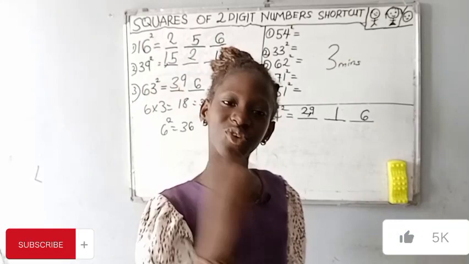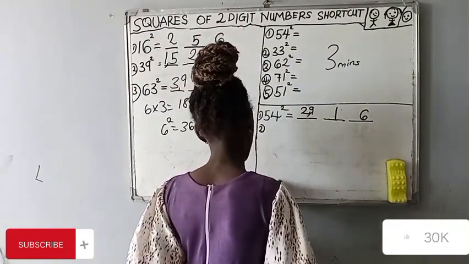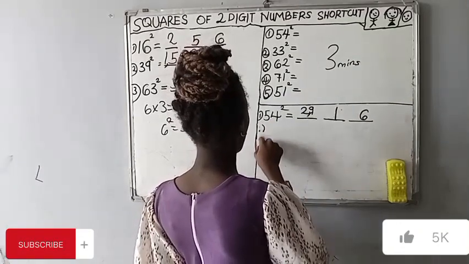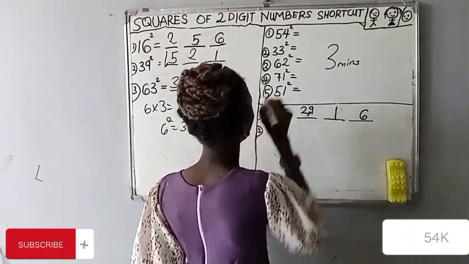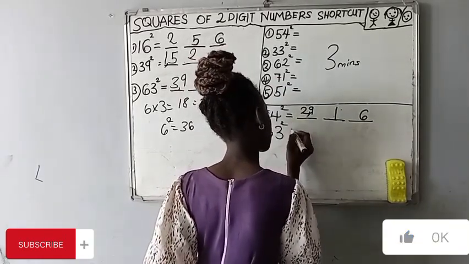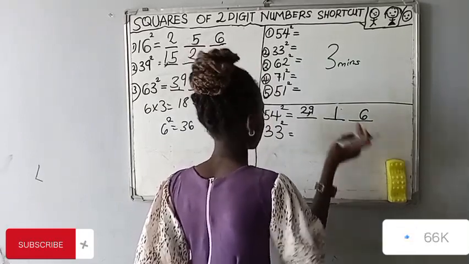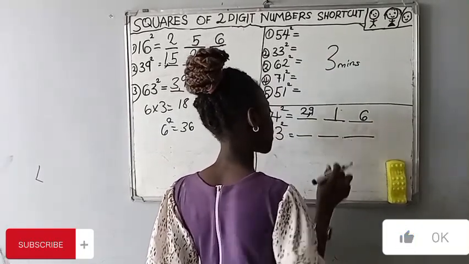Let's solve number 2. Number 2 question is what? Find 33 squared. Write 3 dashes as we said. 1, 2, 3.